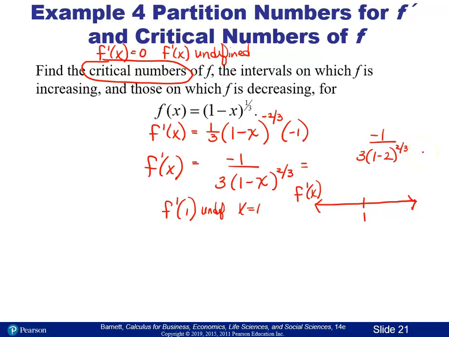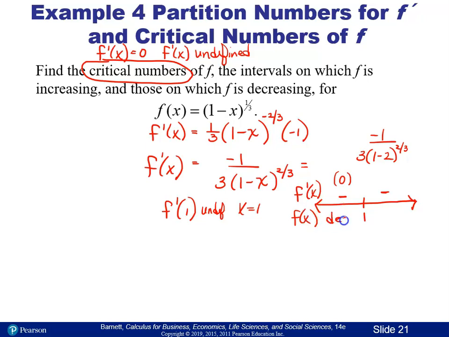If you're not sure about that and you want to put it in your calculator, you're going to see that it turns out to be a negative number. If you plug 0 in, because 0 would be from this interval here, you're also going to end up with a negative number. So we end up with 2 intervals that are decreasing.